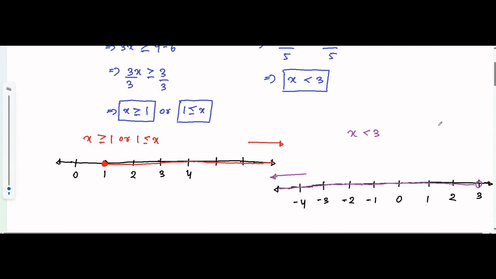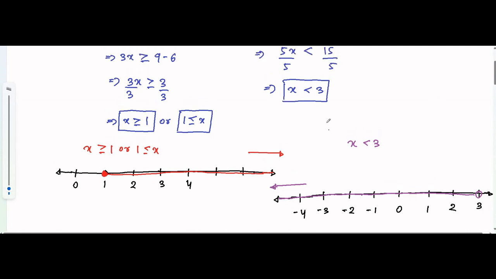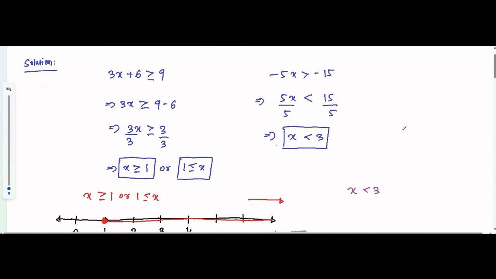Now this is the individual solution. Now the combined solution, which is 1 lesser than or equal to x lesser than 3, with x belongs to R. This is the solution set of this combined inequation.